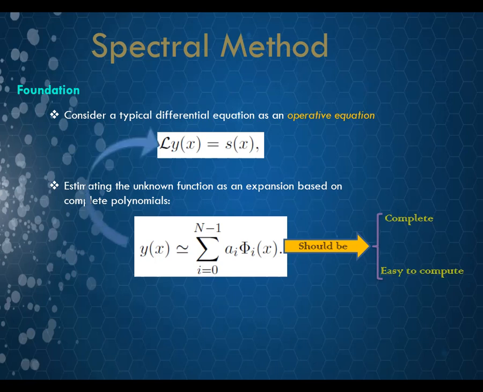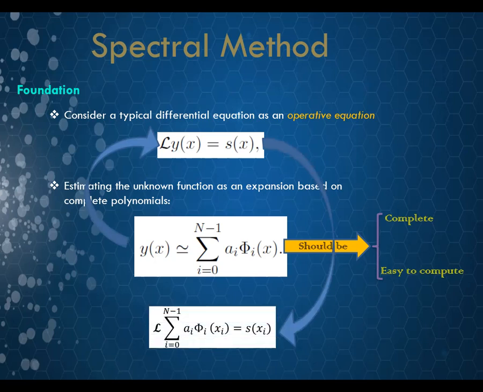Inserting this expansion into the operator form of the differential equation and demanding that it be satisfied at each grid point, we see that acting L on the spectral series of the unknown function at each grid point, I mean xi, gives us the source value at that grid point.